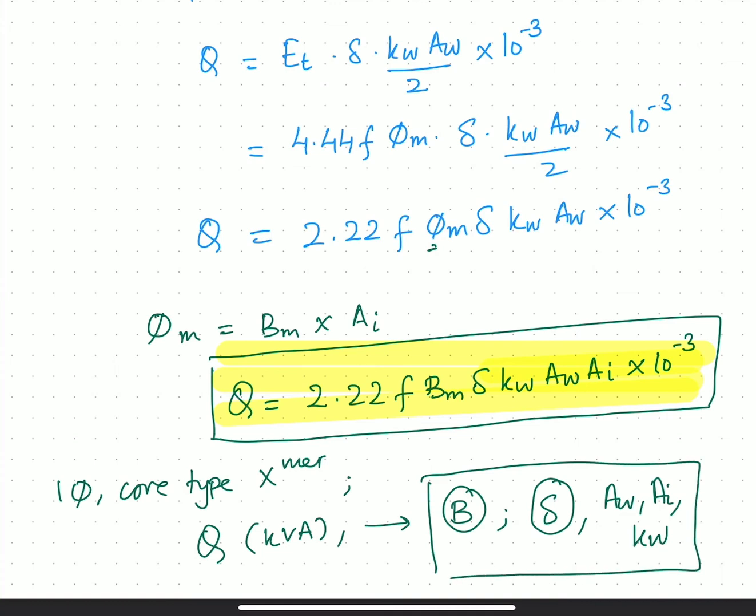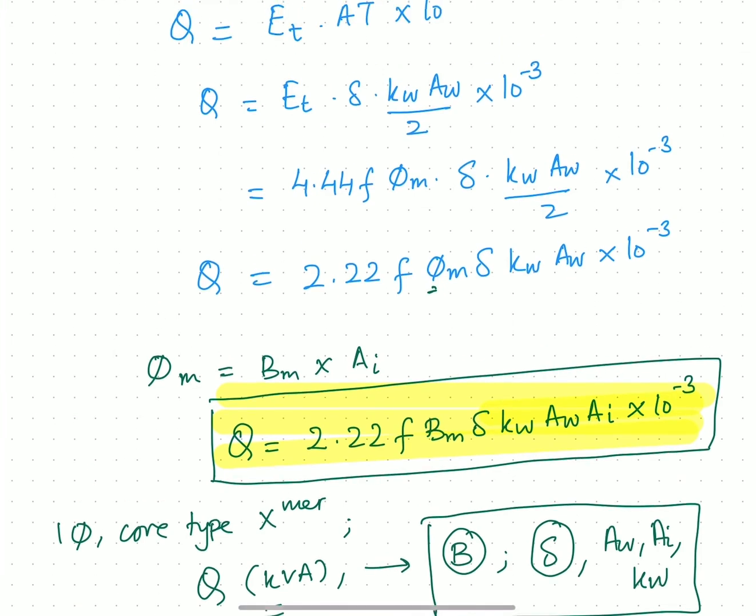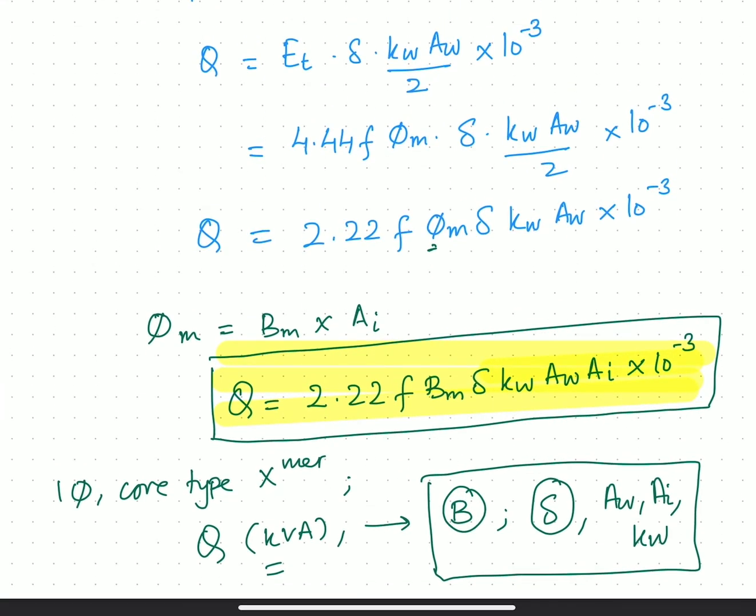So it relates the output of the transformer to these parameters. Fine. So this is the output equation for a single phase core type transformer, right? It is 2.22 FBM delta KWAWAI times 10 to the power minus 3, and this is in kVA.